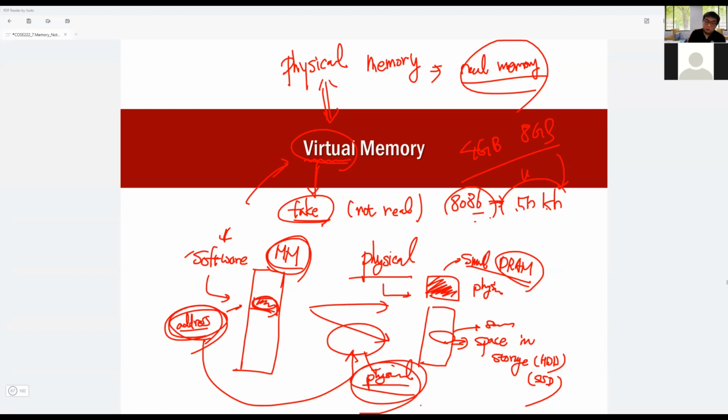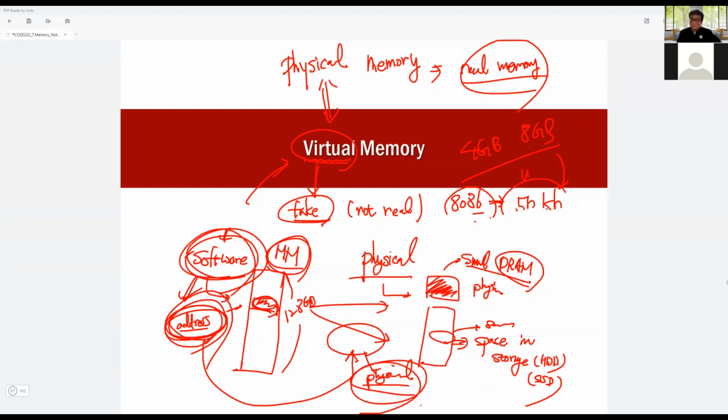So the virtual memory concept is that, for the software's view, we just provide a fantastic, large memory, and the software accesses data in this virtual memory with virtual addresses. For example, we can provide 128 gigabytes of memory space to the software.